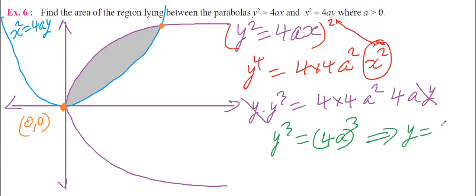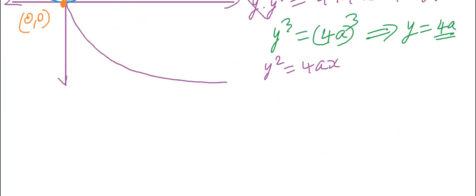So what will be the value of y? Value of y will be 4a. So if the value of y is 4a, what will be the value of x? So you can substitute the value of y equal to 4a in this equation, y square is equal to 4ax. Y is 4a, so you will write here 4a into 4a is equal to 4ax.